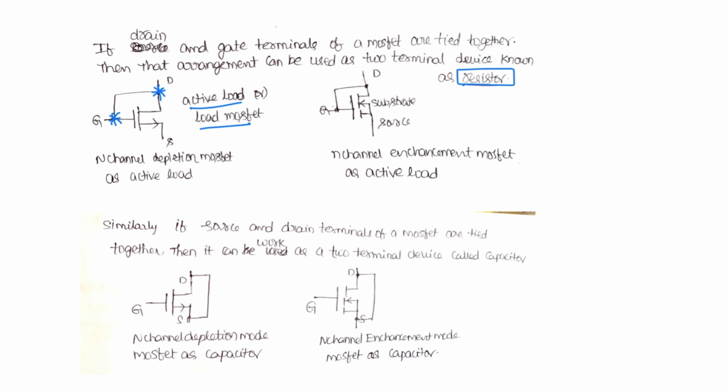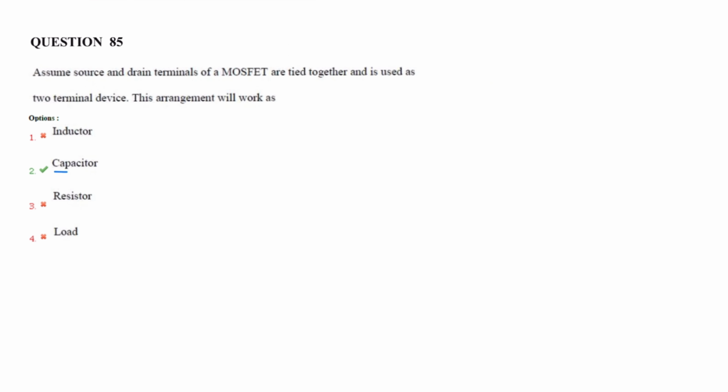If drain and source are connected together, then it acts like a capacitor. So here in the question, the drain and source terminals are connected together, so it acts like a capacitor. If drain and gate are connected together, then it acts like a resistor. The correct option is 2.